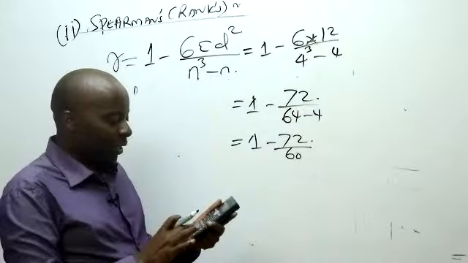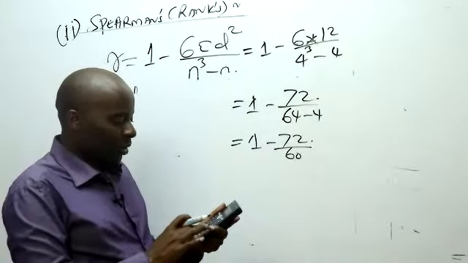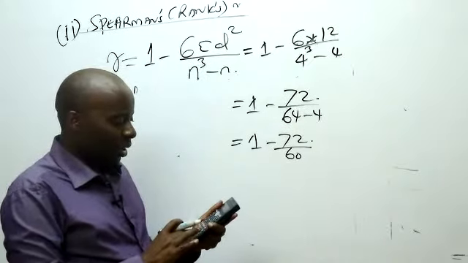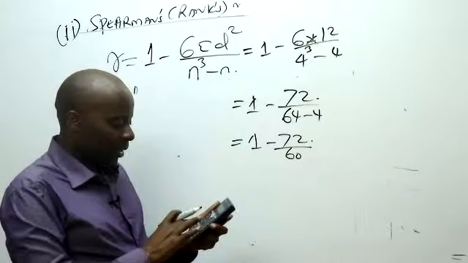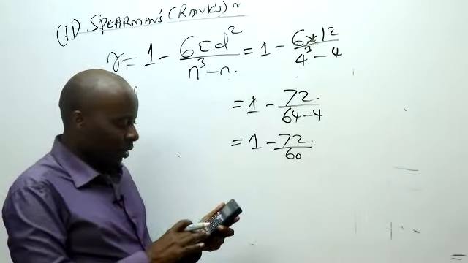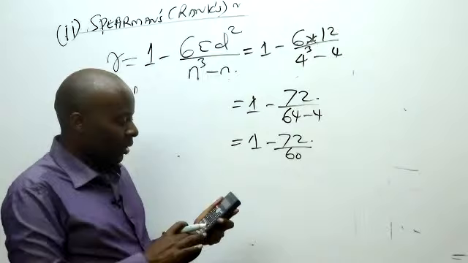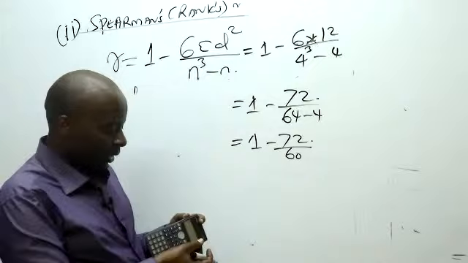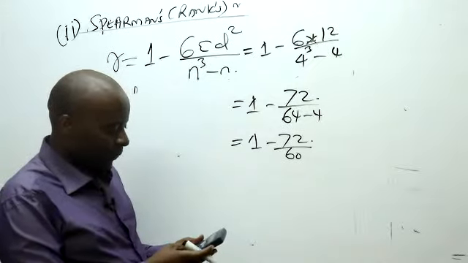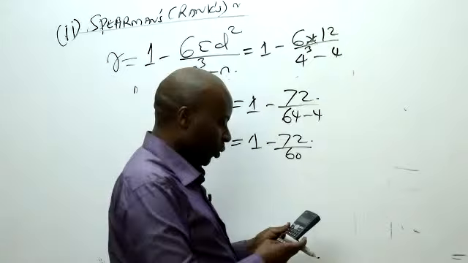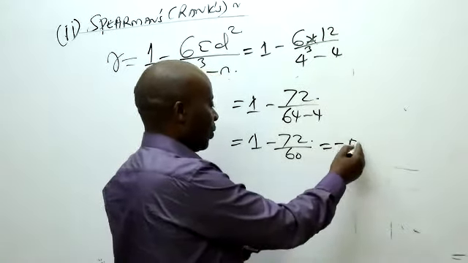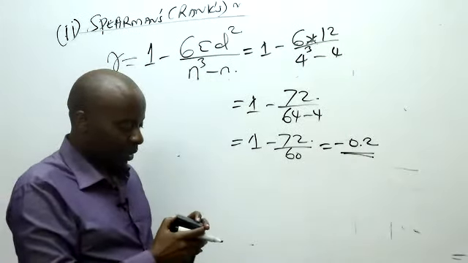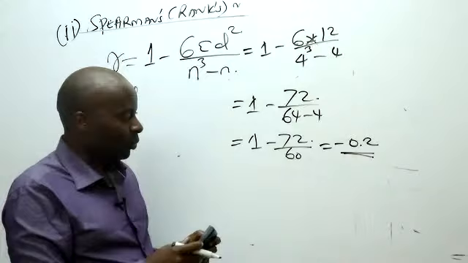So we have here 1 minus 72 divided by 60 equals negative 0.2.